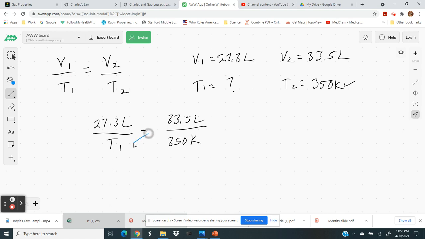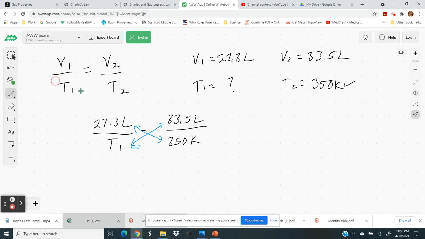Remember, when you cross multiply, you multiply the denominator on the left and the numerator on the right, and you make that equal to the numerator on the left times the denominator on the right. So let's go ahead and do that.